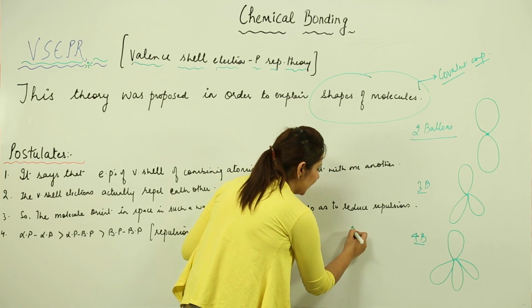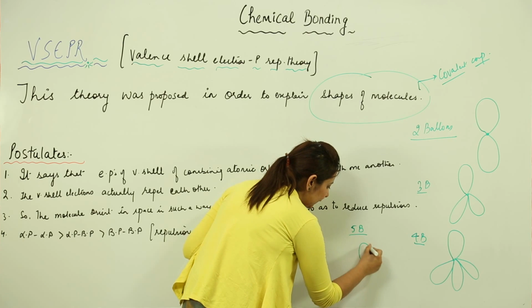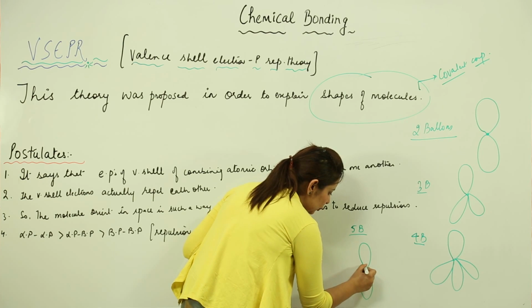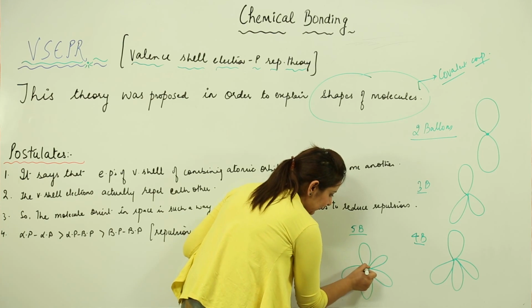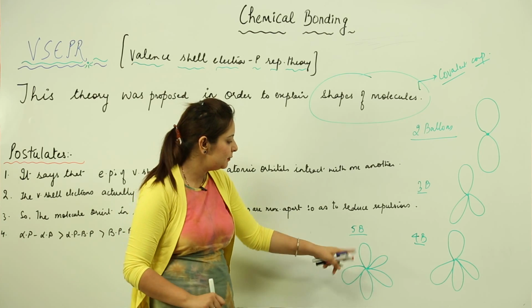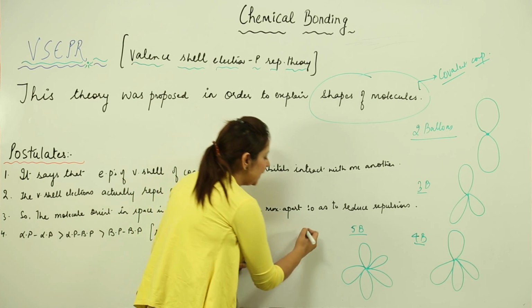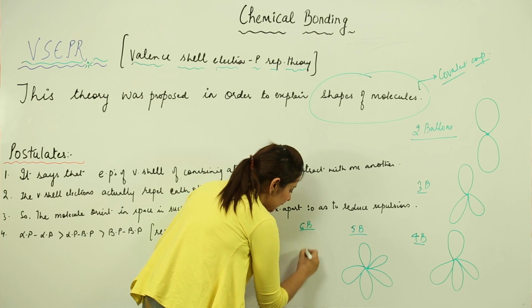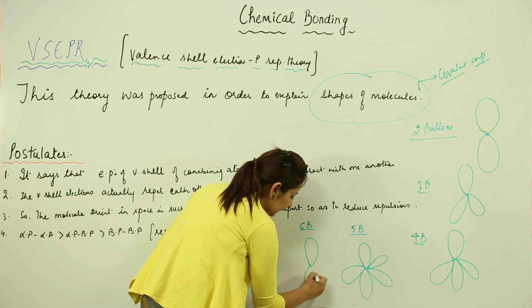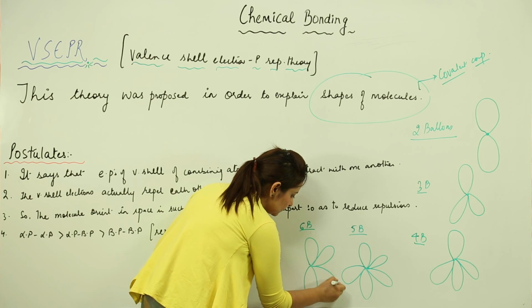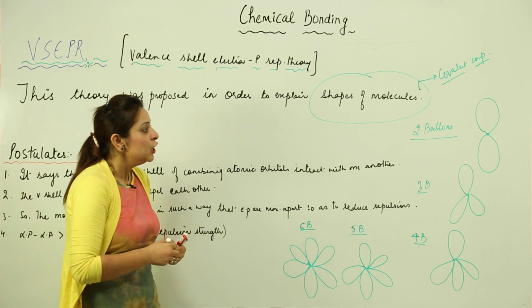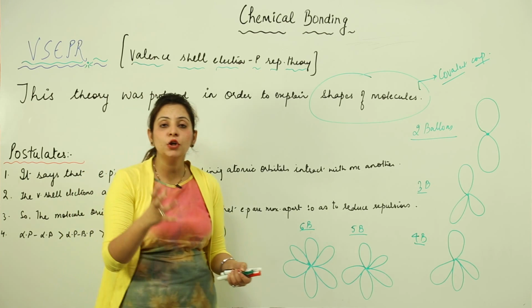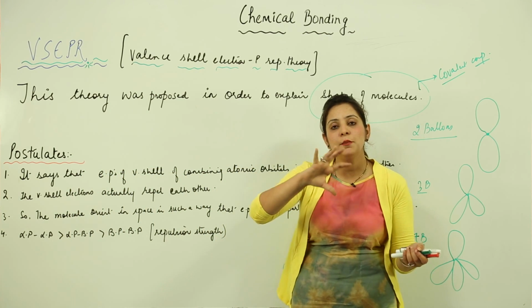And if I have five balloons, this is my 2, this is my 3, this is my 4, and this is my 5, so similar to this, I'll get the arrangement. And if I have six balloons and tie them, I'll get an arrangement like this.